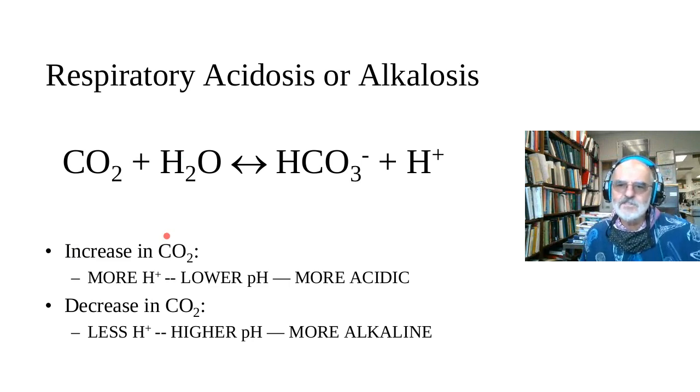So this says, again, basically what I just said. If the CO2 goes up, you're raising the acid, it's more acidic, there's more proton, that means lower pH. Below 7.4 is acidosis. If the CO2 goes down, that's more alkaline, that's less proton, less acid, that's higher pH.